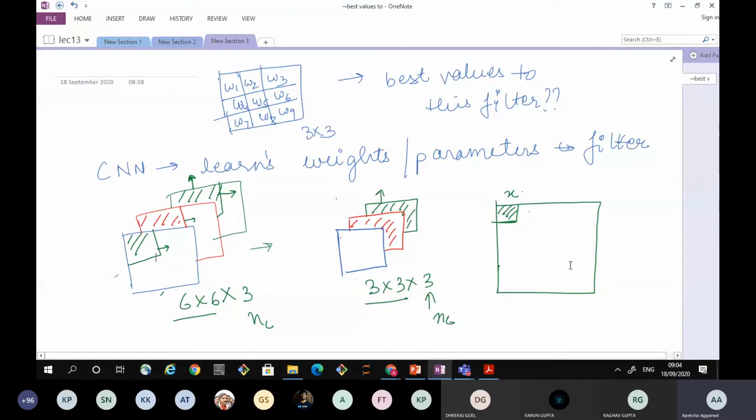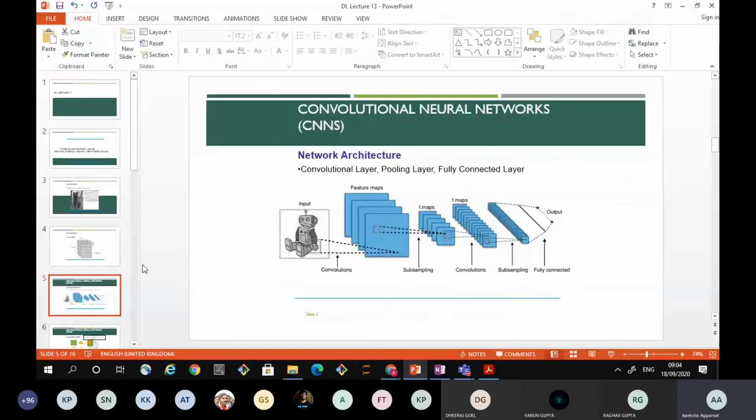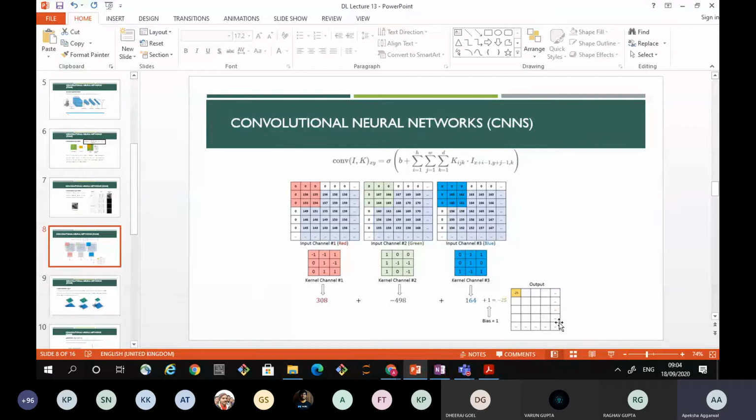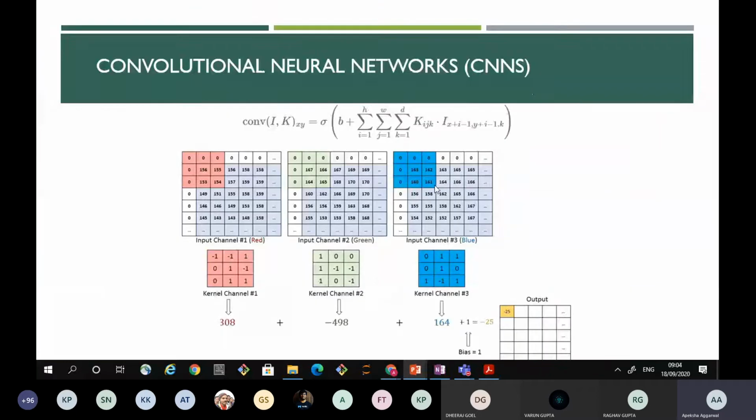Okay. If you have any confusion about how this is working, you can ask right now. So this is the basic example. Here this is my first channel, red channel, green channel and blue channel, and this is my filter.